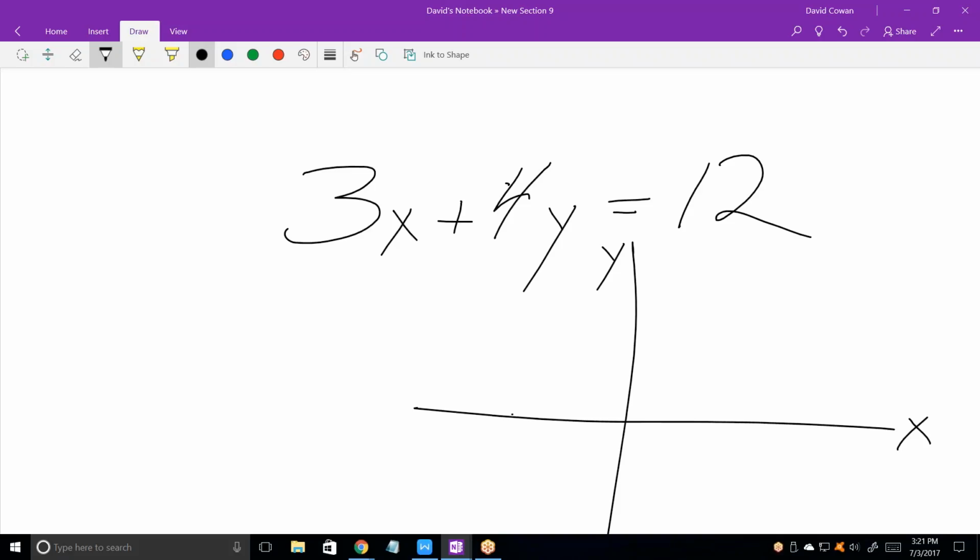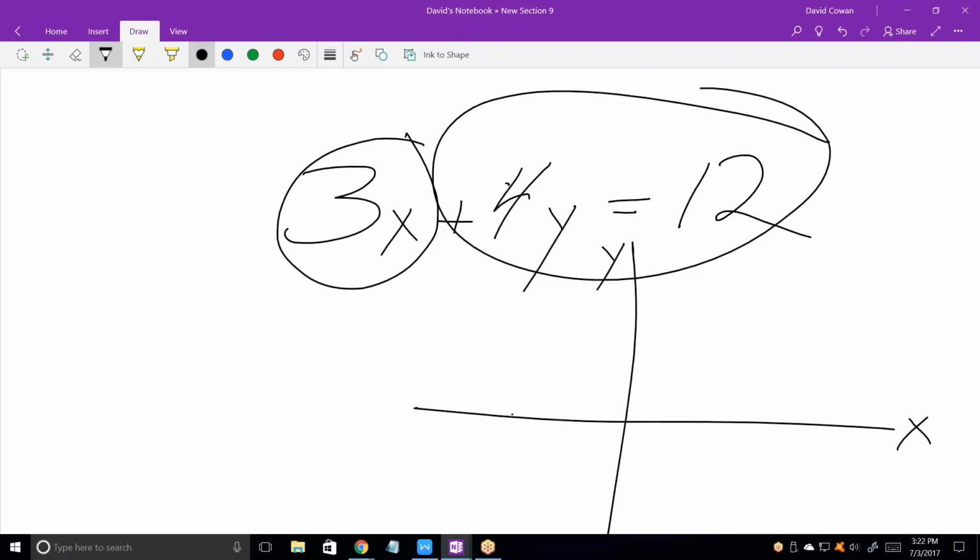So, if I want to graph this function, I can figure out the y-intercept really easily by just setting x equal to 0. So when I set x equal to 0, what is my y value? Make that 0, solve the equation. What's y equal to when x is equal to 0? 4y equals 12.